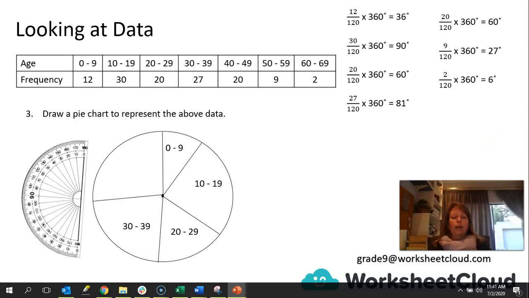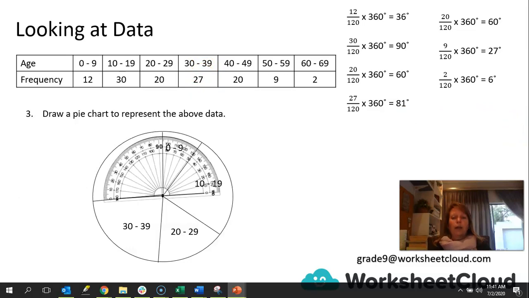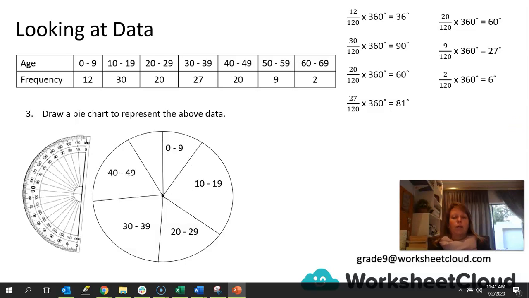And we're going to label that 30 to 39. Okay, so that's this age group here, and we get it from here. All right, so the next one is 60 degrees again. We put our protractor back, we measure off 60 degrees, and we then label it 40 to 49. Now what some people do, just before we go on, is they actually color in the segments different colors.